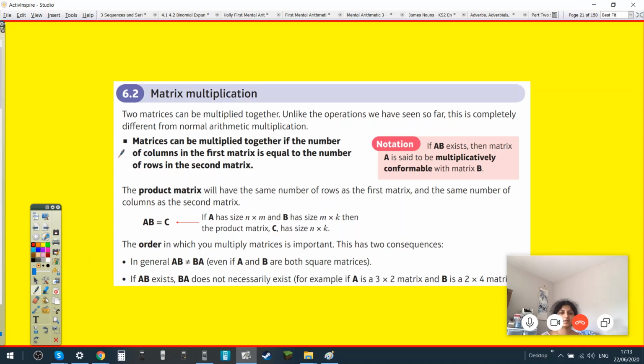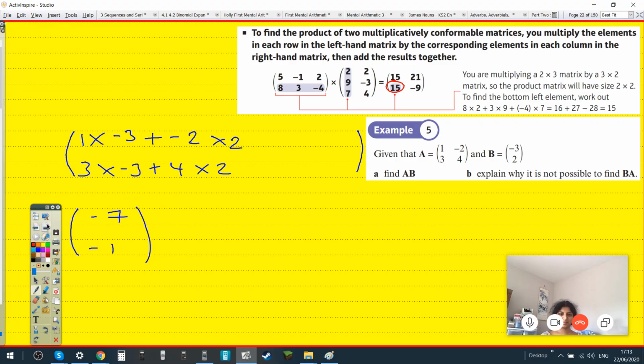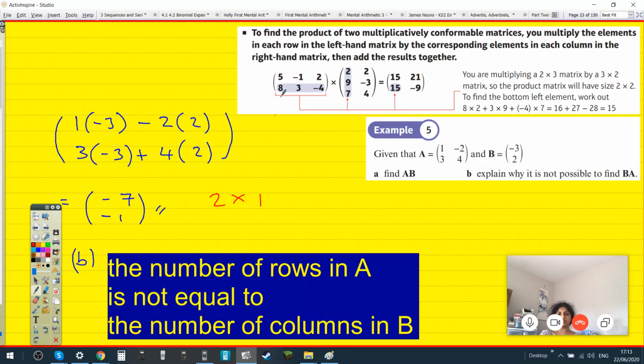Oh, okay. Same number of rows as the first one and same number of columns as the second one. Okay, that makes sense. So this one, how many rows? Which one? The one that's 2 times 1 or the one in the example? The one that we did.